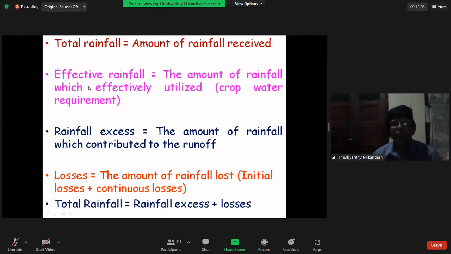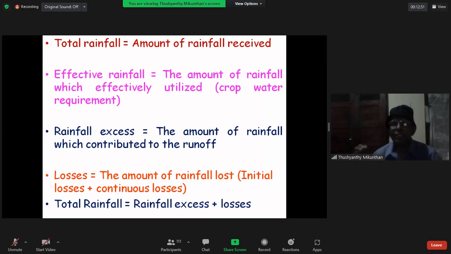Total rainfall means the amount of rainfall which you receive in the catchment. Then effective rainfall, the next important term. Whatever we are receiving in the catchment, not utilized by the crop or whatever it is, partially is used for runoff generation.